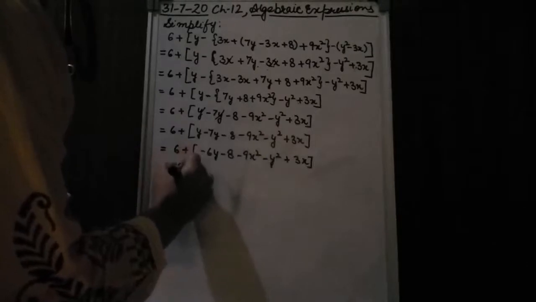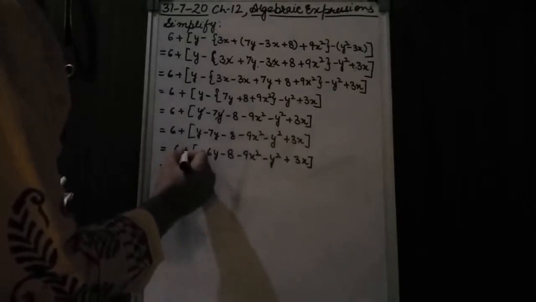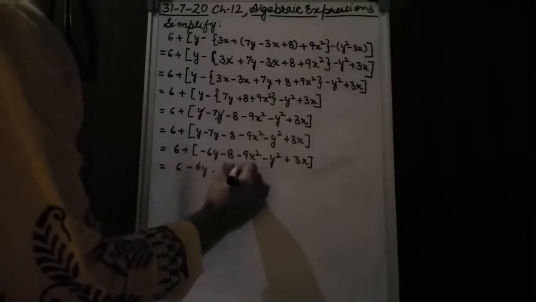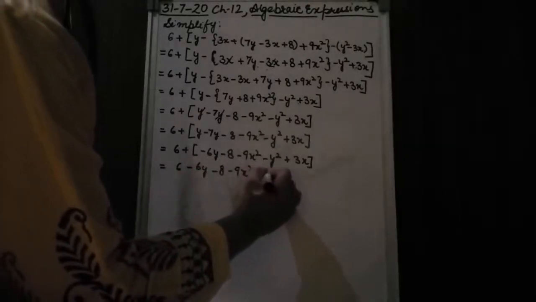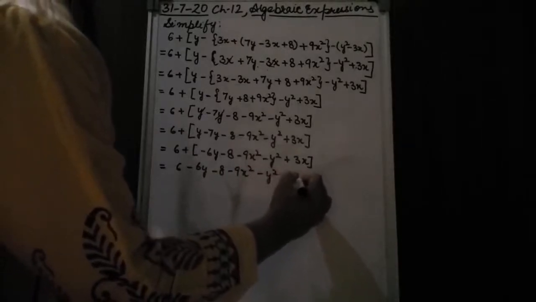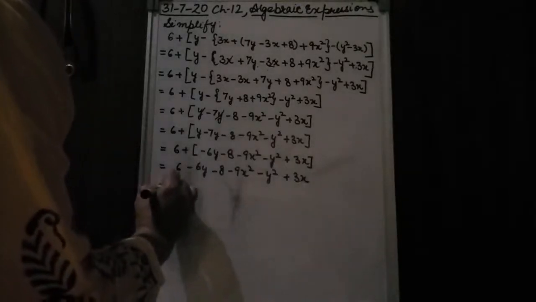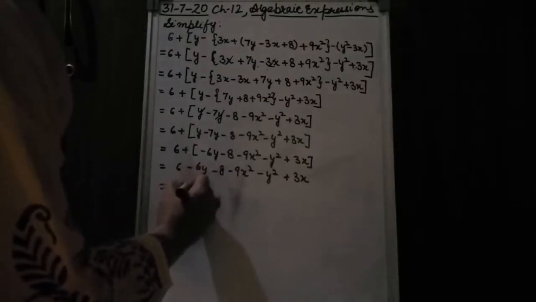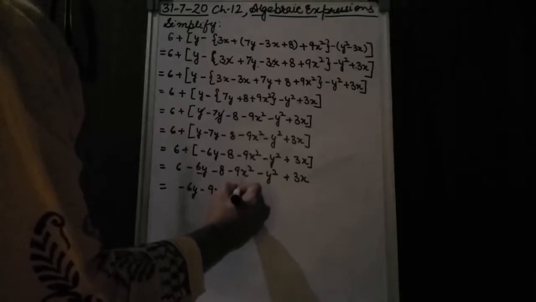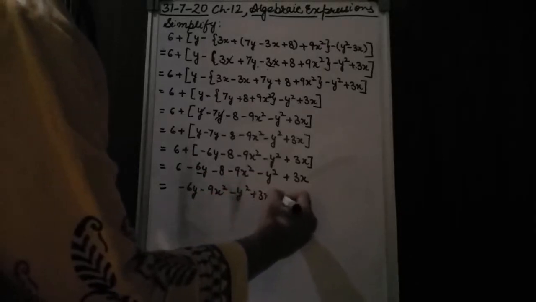Now open the bracket, 6 plus. As there is a positive sign, no sign of the terms will change. They will be written as they are, plus 3x. Now collect the like terms. Minus 6y, you have written, minus 9x square minus y square plus 3x, plus 6 and minus 8.